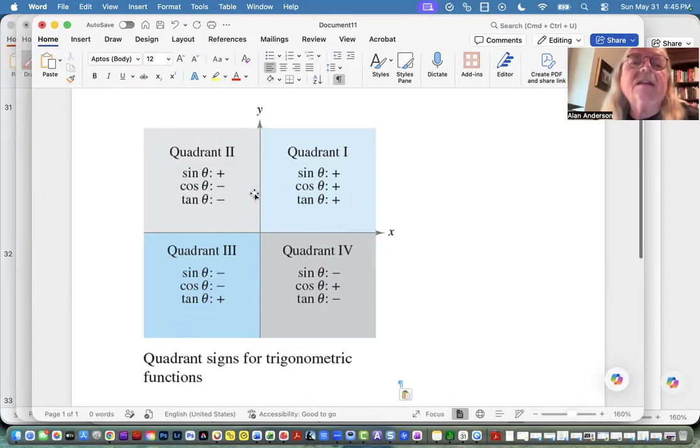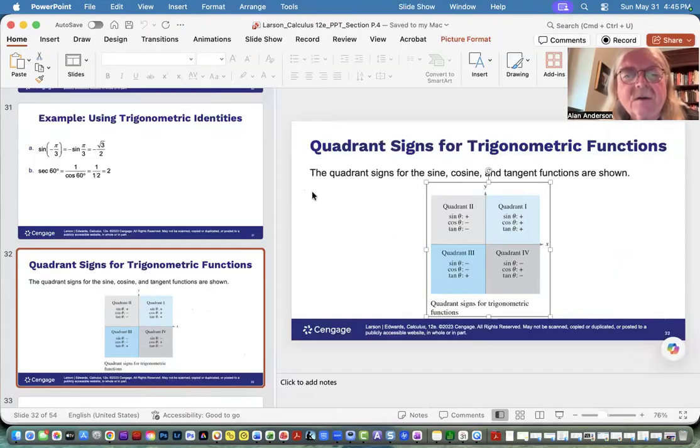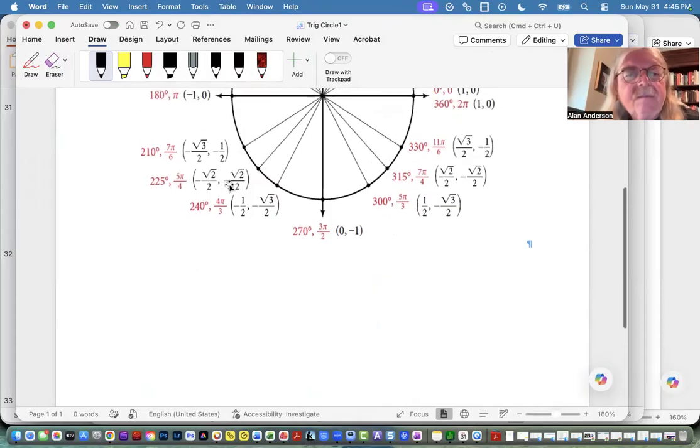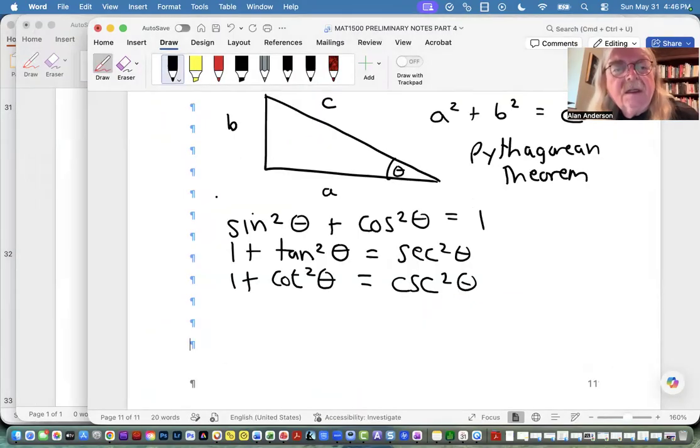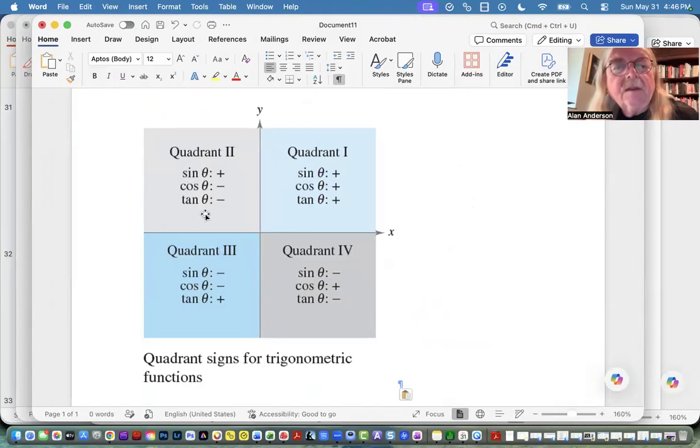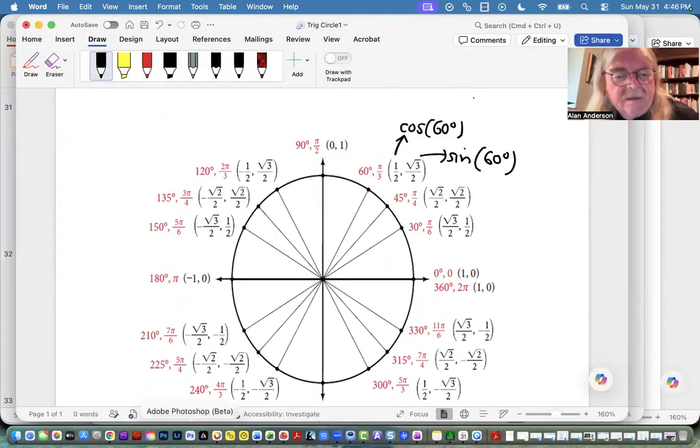Let's say, for example, I want to look up the cosine of 135. If you look at all the ordered pairs in the second quadrant, they're all negative. So this is helping you keep track of the signs that you'll expect to see in the different quadrants.